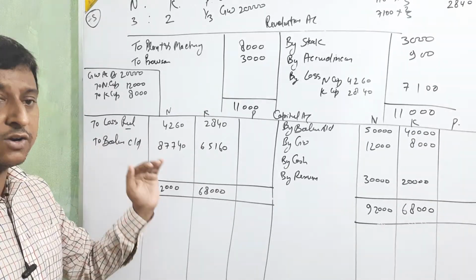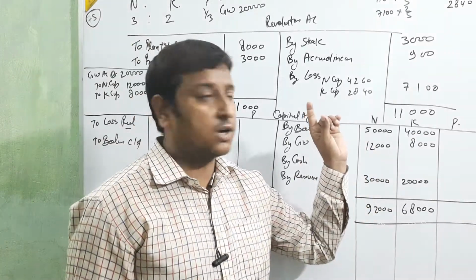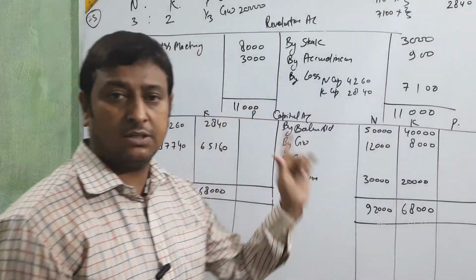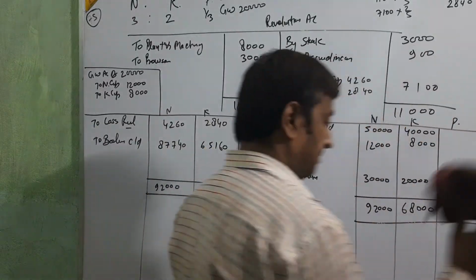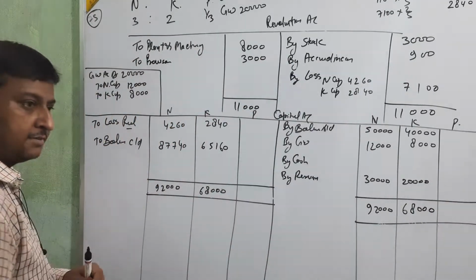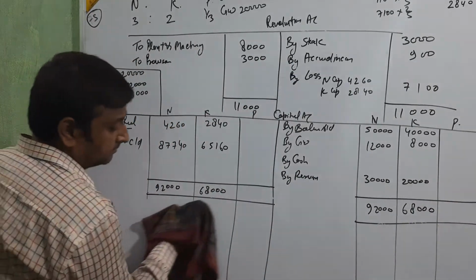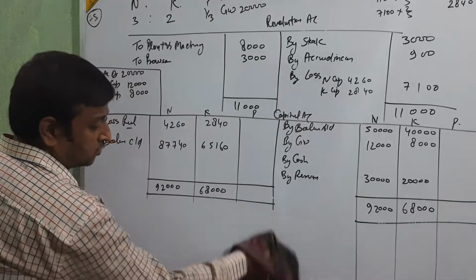Now see how we are going to calculate the capital of Mr. P. I'm just drawing these lines, beta. Now see how to calculate this.